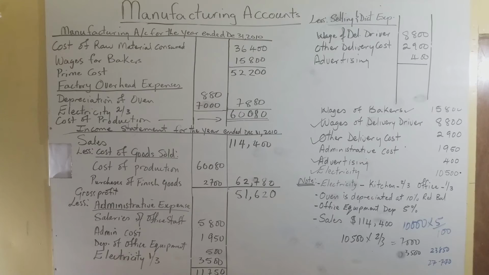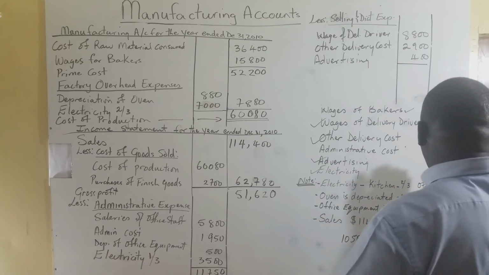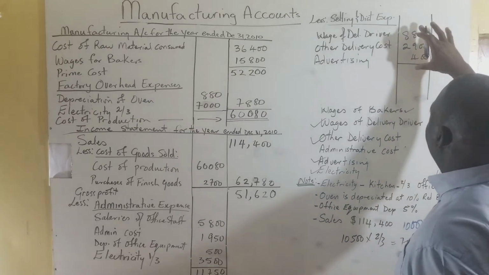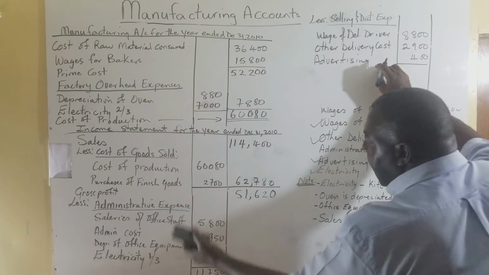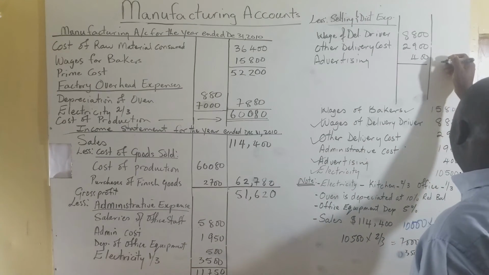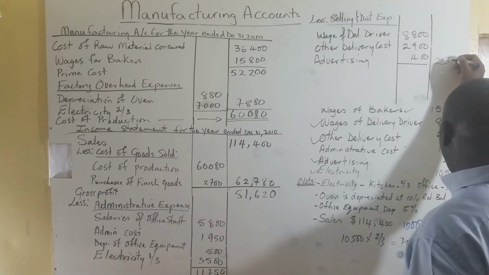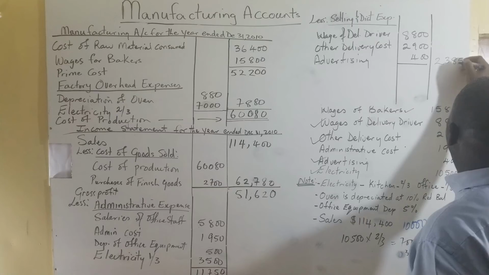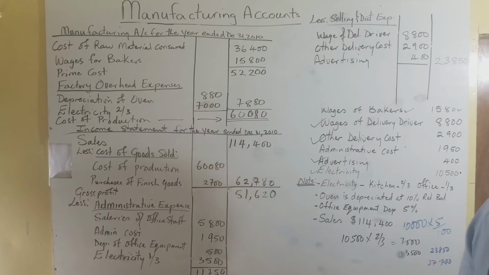So in completing our calculation, when we add all of the selling and distribution expense plus the administrative expense, our total will give us 23,850.